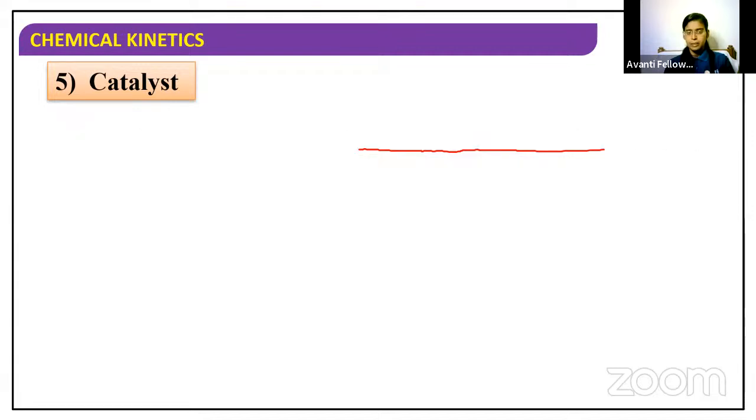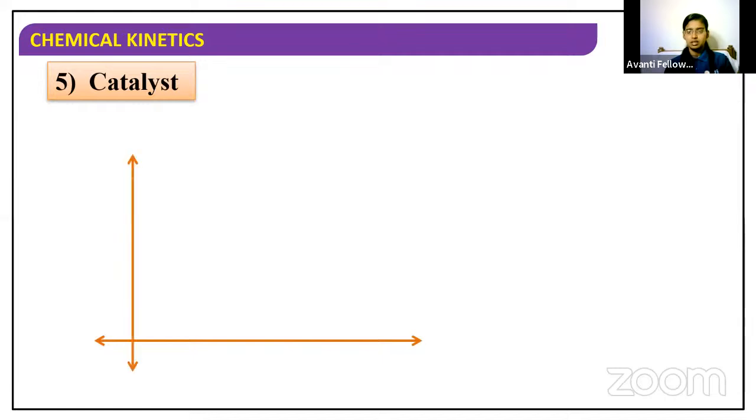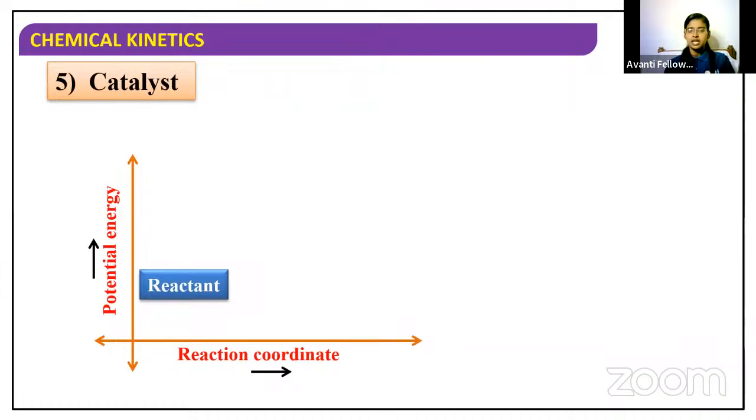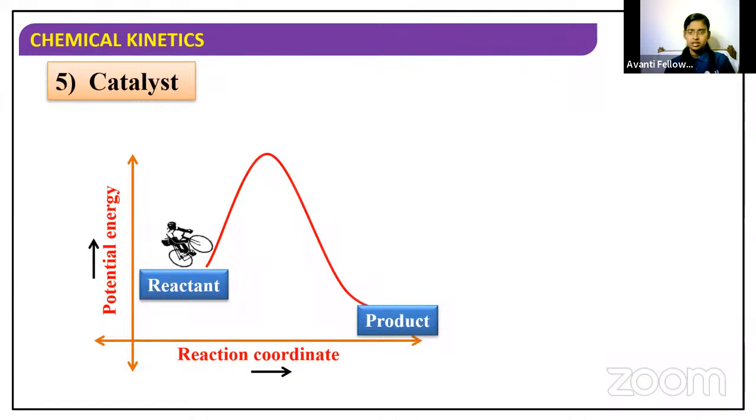I'll show you how it is lowering. So let's take the reaction coordinate and potential energy curve. Suppose I have a reactant here and a product here. The reactant is getting converted to a product. And you see here, a person is starting his cycling here and trying to reach the end product.